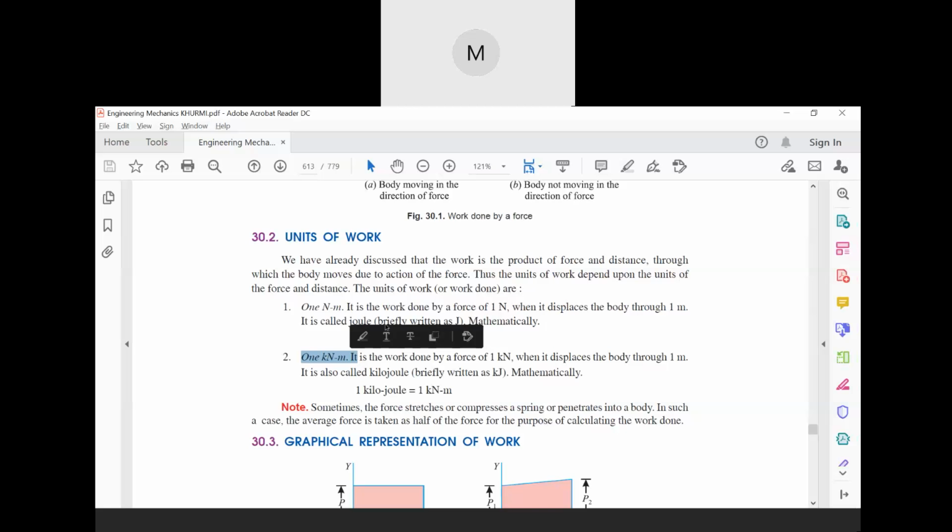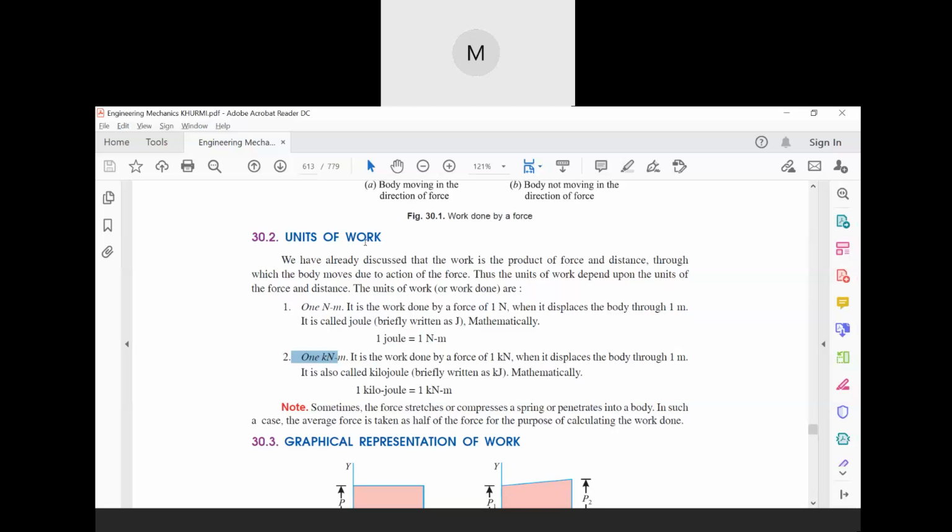Okay, so this is how we define 1 Newton meter or 1 joule. Then similarly we can define 1 kilonewton meter. So we define those things in that manner only.